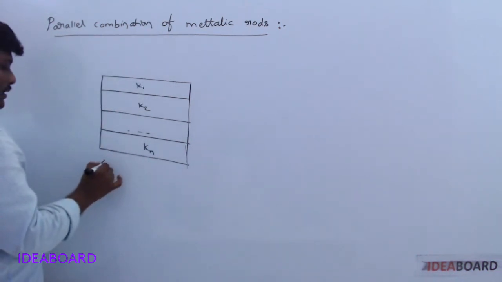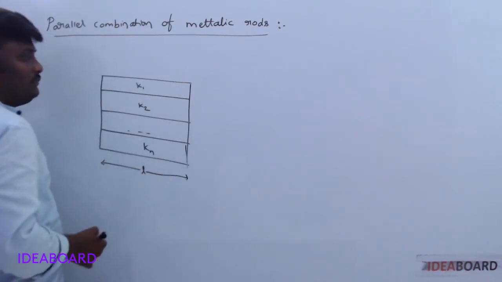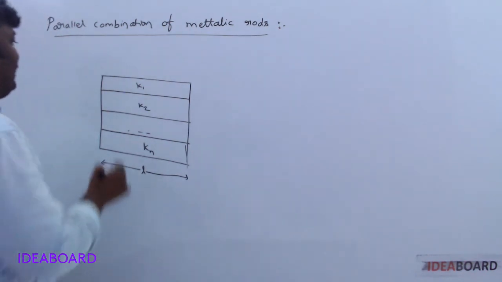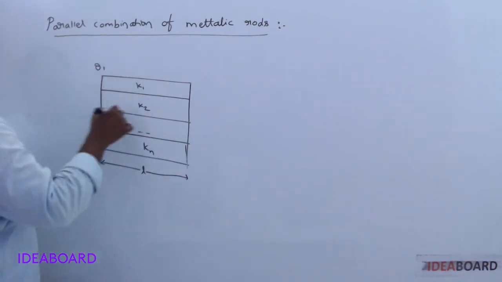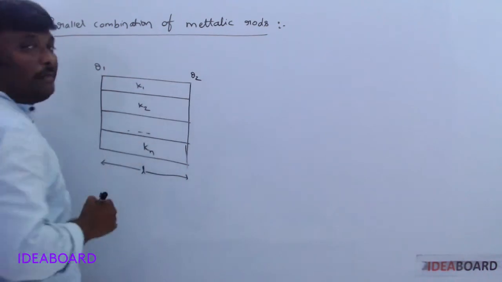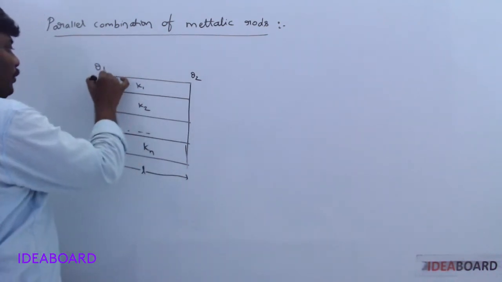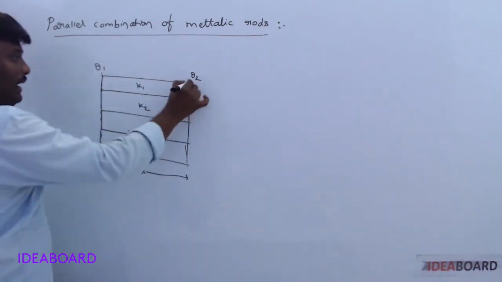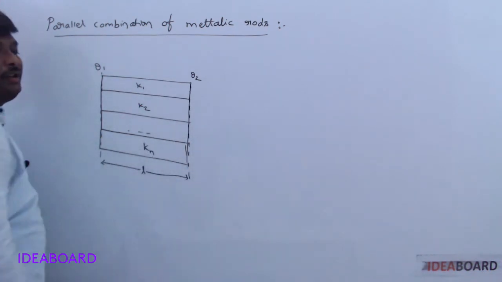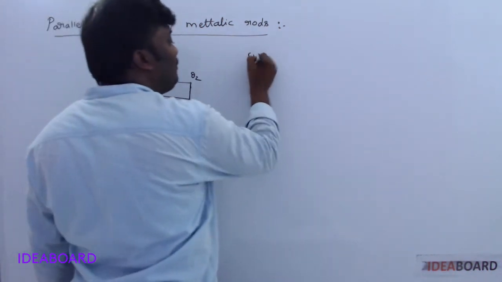Here I took the lengths the same, but it is not mandatory. The most important thing in the concept of parallel combination is that both ends of the rods are maintained at the same temperature.